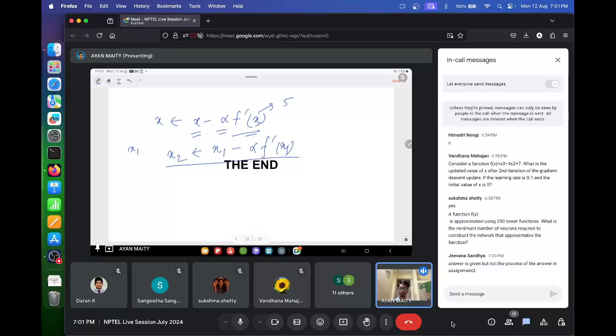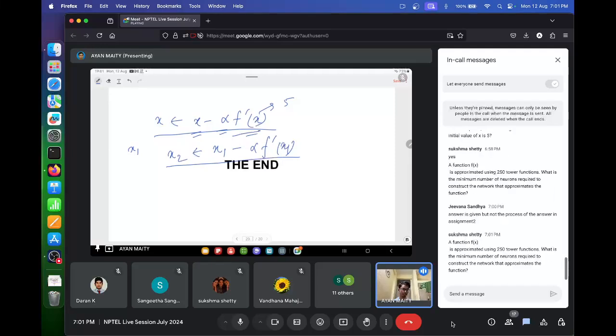You just have to compute this. The solution would be uploaded eventually, and their step-by-step calculations would be given. The overall method is that you update the value of x. x is the parameter here, so x is the parameter that would be updated in every iteration.